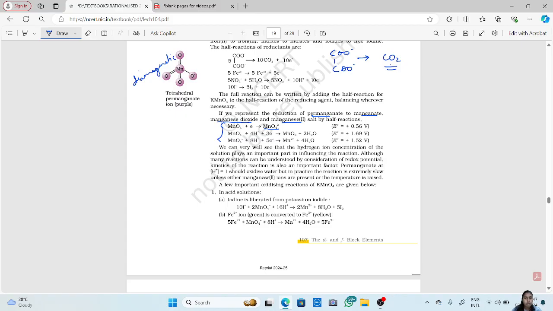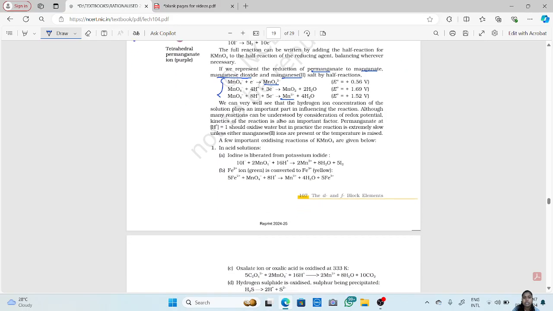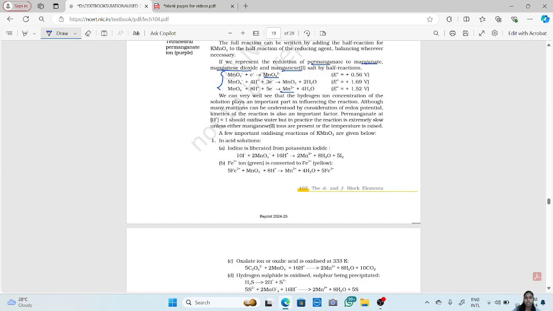And when you reduce it using a little higher reducing agent, you get an Mn2 plus salt. We can very well see that the hydrogen ion concentration of the solution plays an important part in the reaction. It influences the reaction.